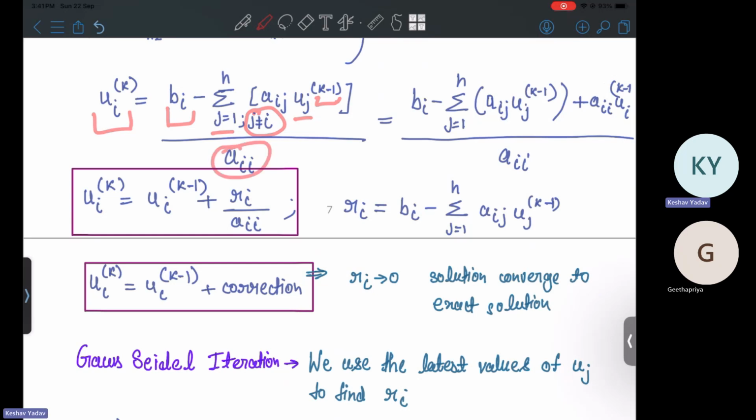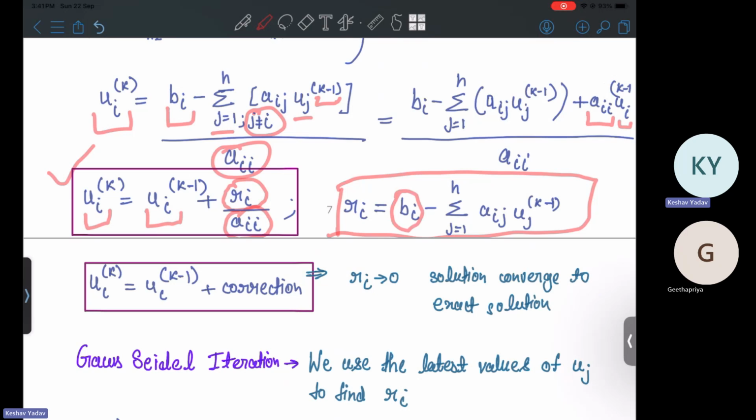Okay, I am simply adding aii ui at k minus 1 and subtracting it. So that will lead to this equation: ui at the kth iteration will be equal to ui at the k minus 1th iteration plus ri divided by aii. This ri is nothing but the residue, RHS minus LHS, at the k minus 1th iteration.